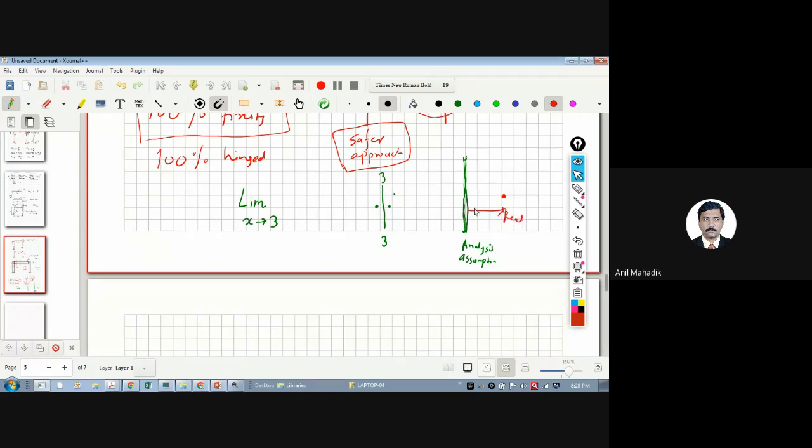So there is a difference. Let's say this difference is 10%, or let's say 20% difference is there. That means it is away from the analysis assumptions by 20%. One engineer is designing one structure which has 5% deviation from reality.